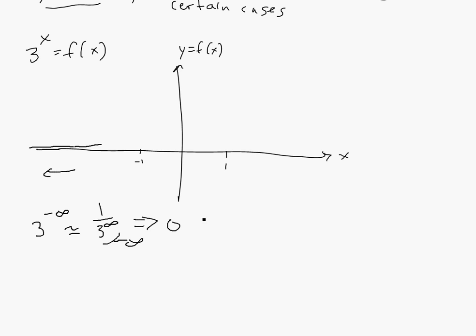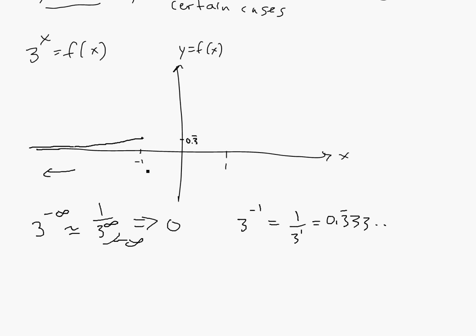Then at -1, 3 to the -1 is just 1 over 3 to the 1, which is 0.333. So this would be, let's say, 0.3, and it keeps going on. Okay, and then it will get to here.